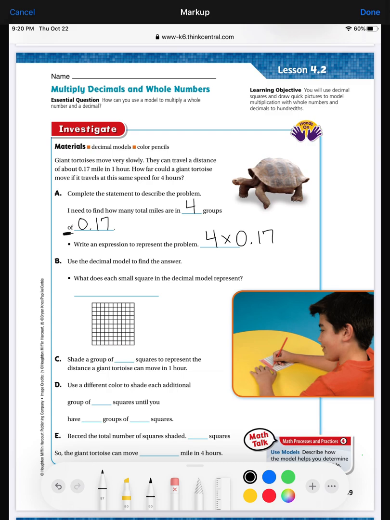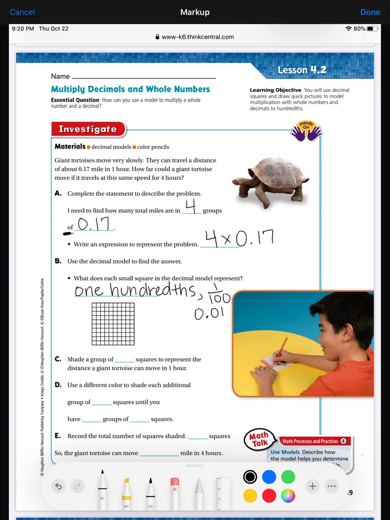Well, in this decimal model, each of those little tiny squares inside there represent 1/100th. Okay? Because it's only 1 out of 100 squares. You can write that as 1 over 100. And the decimal version of that is 0.01. Just like that. Okay, and I do want you to write all 3 of them.